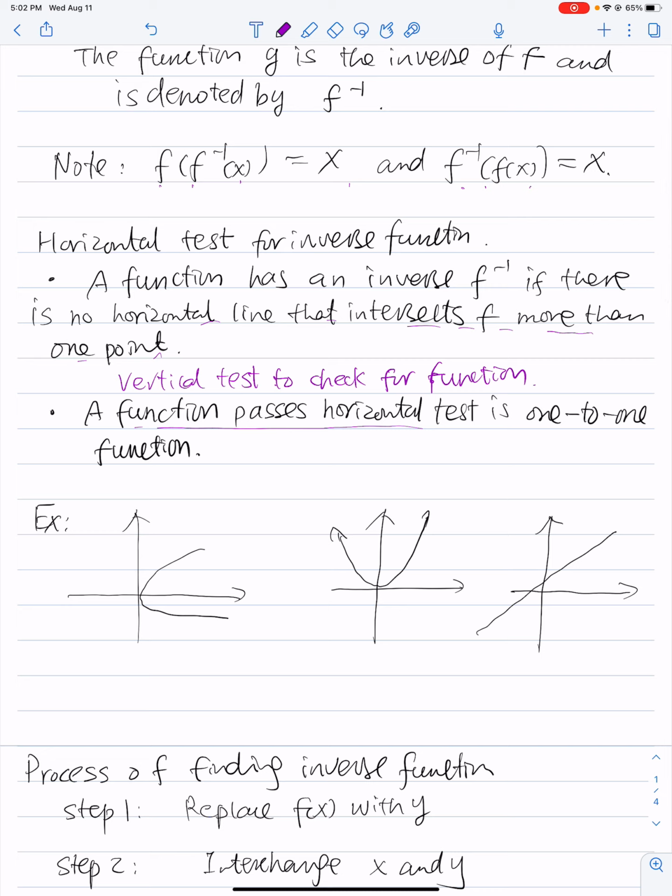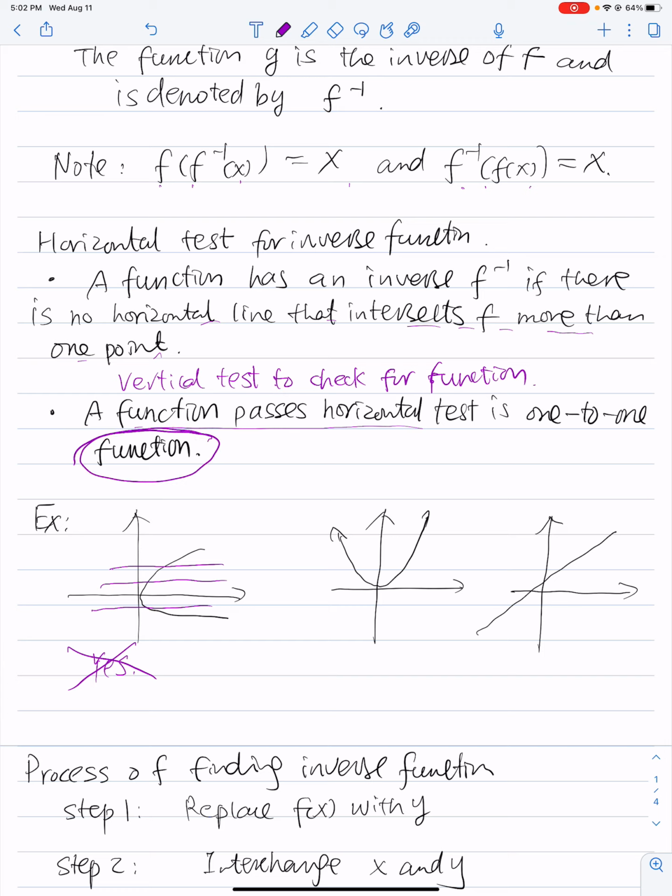Okay, so let's see. For the first one, is this one-to-one? We do a horizontal test. Yes? No. Think about it, why is it no? It passes the horizontal test, yeah, but it's not a one-to-one function. Be careful. For a one-to-one function, what do you have to do first?